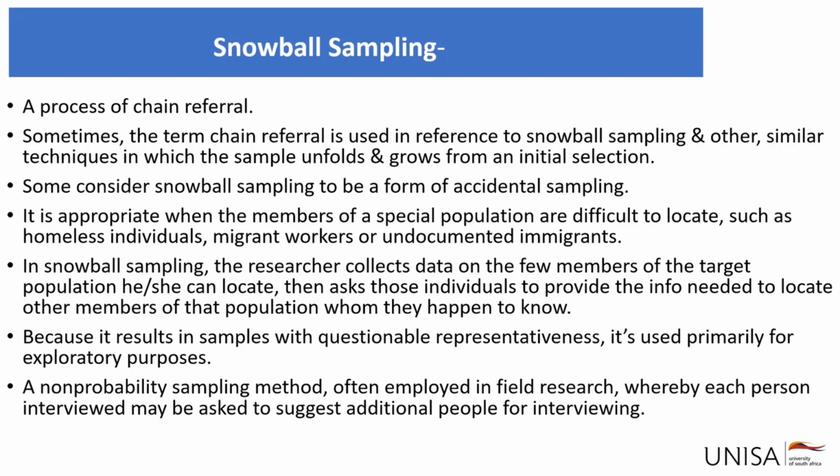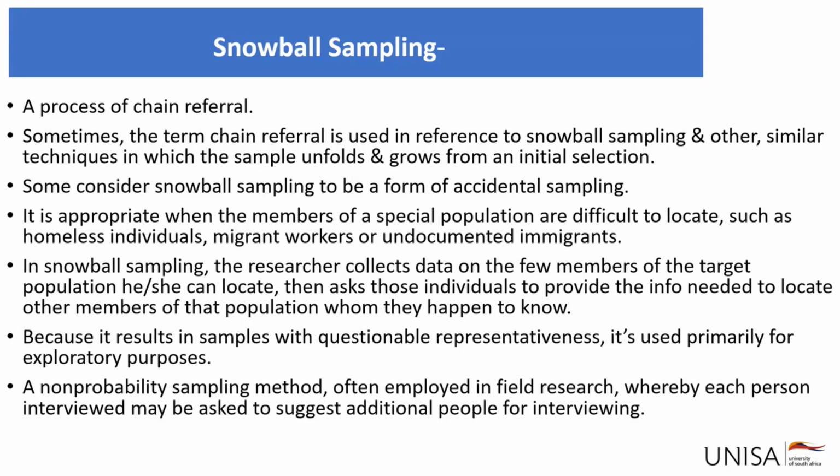Now that is why we are saying it is appropriate when the members of a special population are difficult to locate. Sometimes it's used when you're finding it difficult to locate certain members of the population that you want to interview, such as the homeless.